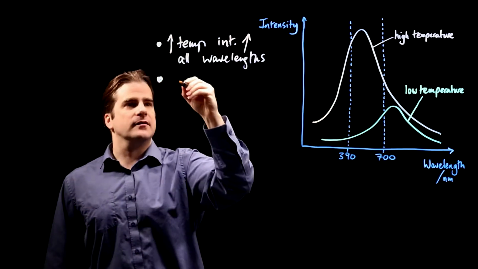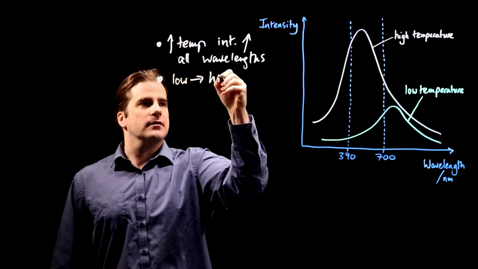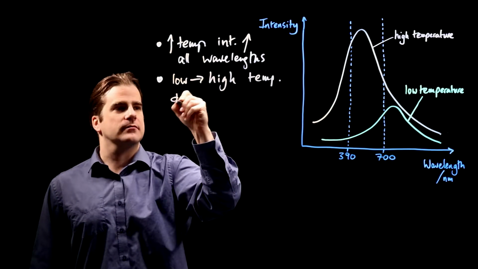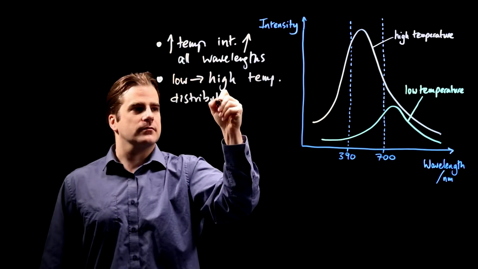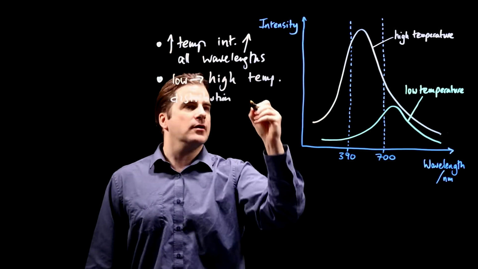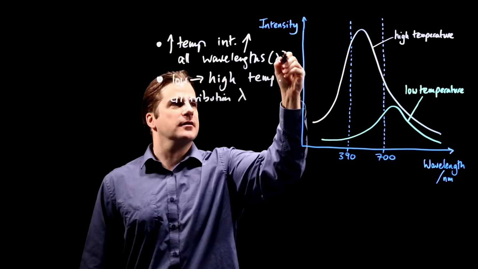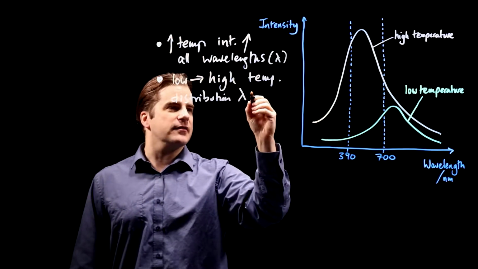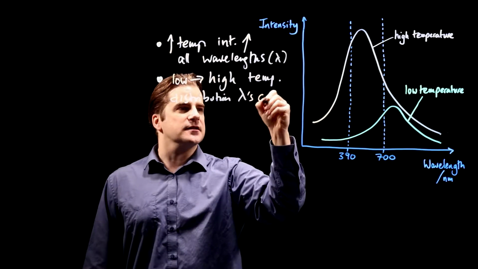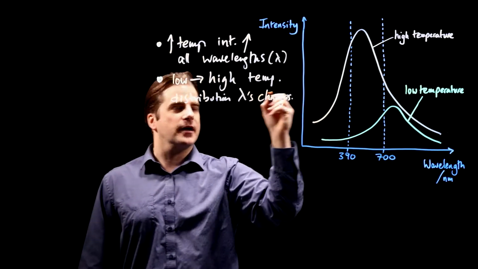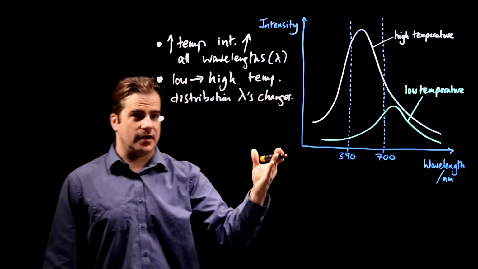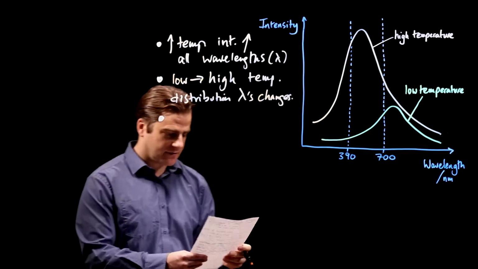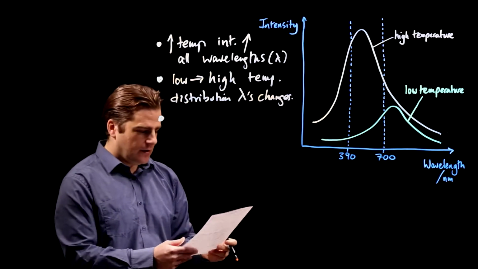So, as you go from low to high temperature, the distribution of wavelengths, lambda, changes. Lambda means wavelength. You knew that, right? Just stating the obvious. Never be afraid of stating the obvious. Okay, next. Just exam technique.